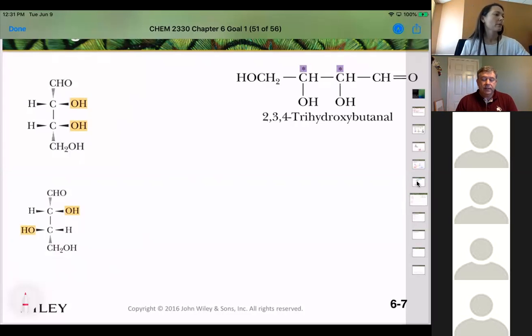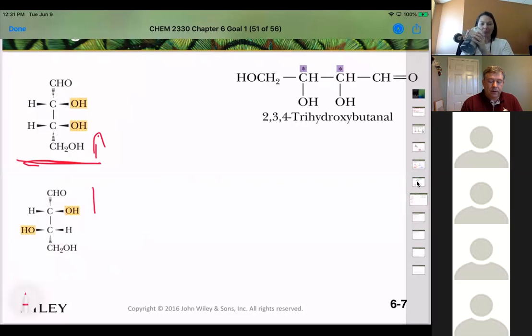But notice between the top one and the bottom one here, the OHs are on the same side on this side, and they're on opposite sides of this one. That means that they can't be mirror images of each other, so these two are not a pair of enantiomers. However, they could each be a component in a pair of enantiomers.